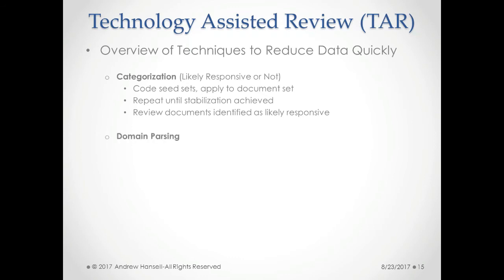Another technique to use here is domain parsing. It's going to have several different advantages. The first is, just defining what it is, categorizing emails based on their sender or recipient domain. So you can take the emails in your database, identify where they were sent from or to, and have a domain list of those .com or .org or .gov addresses.